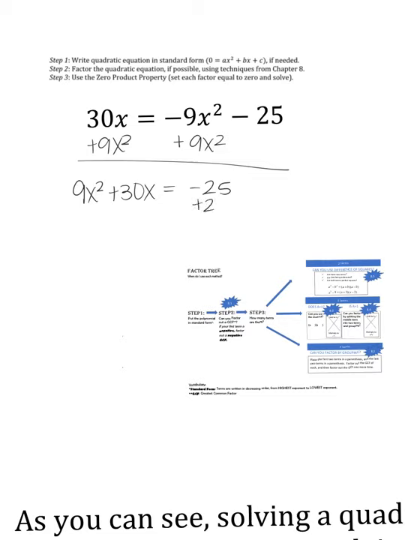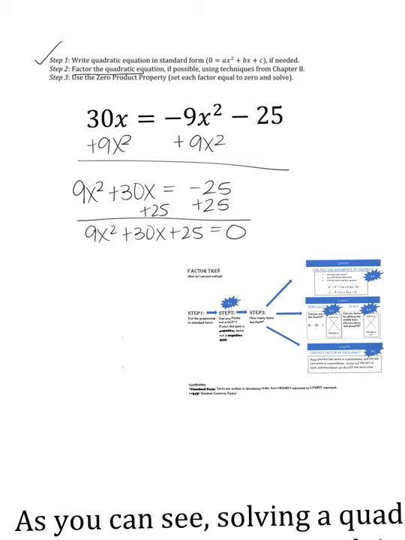Now we'll add the 25 to both sides and get 9x squared plus 30x plus 25 equals 0. Step 1, the quadratic equation is written in standard form.